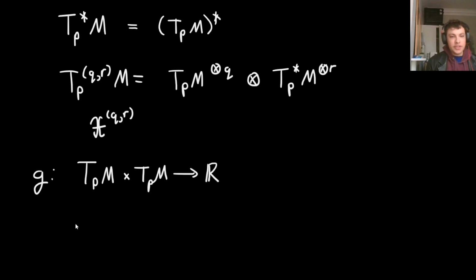This is what g does, and it's symmetric and non-degenerate, and positive definite usually, but not in general relativity because you have negative norms. So g is a bilinear map, so it's a tensor.